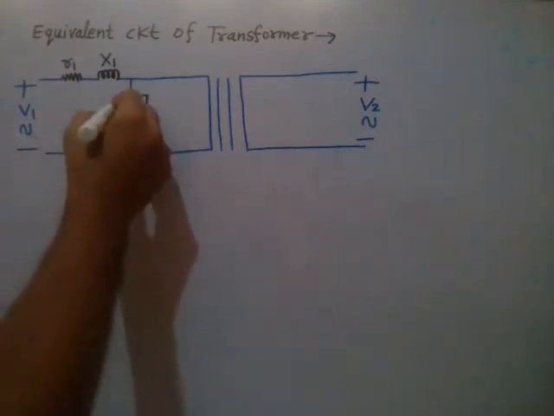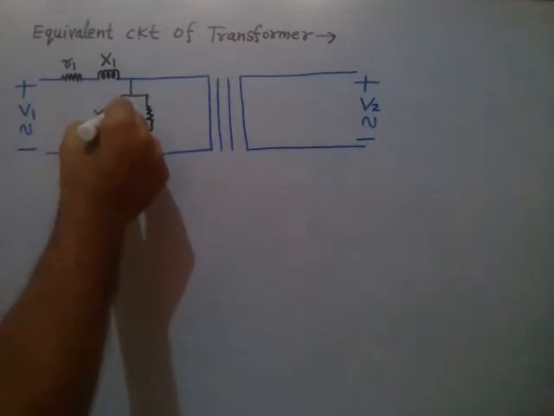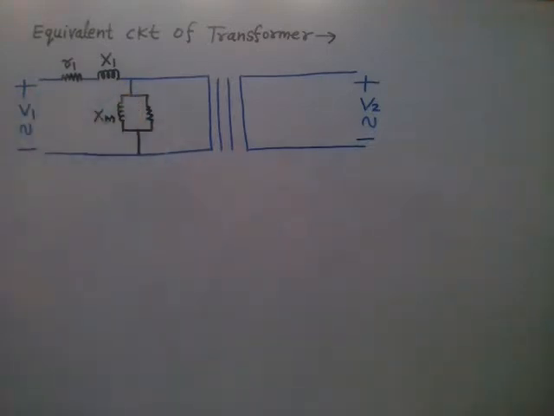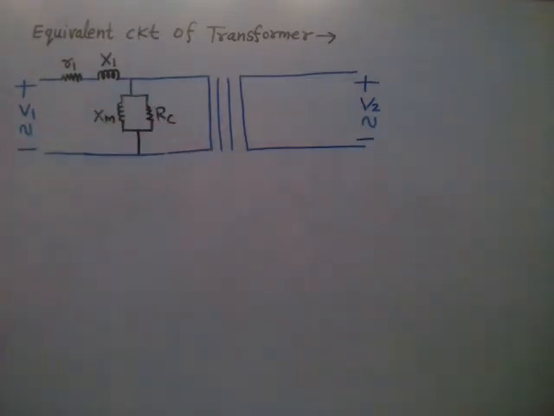So this inductance is basically known as the magnetizing inductance, which is responsible for magnetization of the transformer core, and Rc is basically the representation of core losses, right?